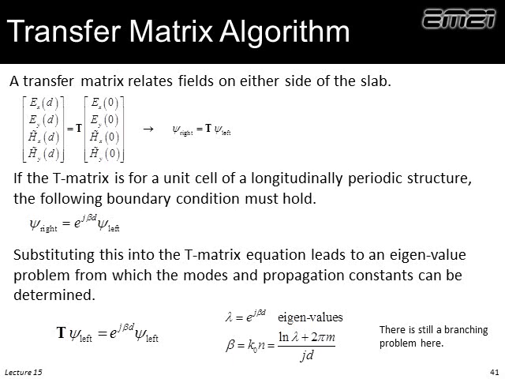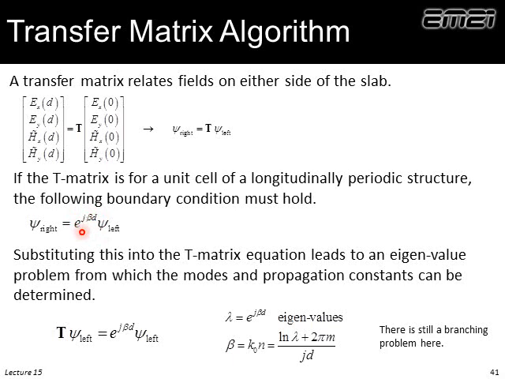Eventually we have a transfer matrix that relates the fields at the first surface of that unit cell to the fields at the last surface. So the fields on the right are related to the fields on the left through this transfer matrix. It turns out this is an eigenvalue problem, and this little complex exponential term gives our eigenvalues.